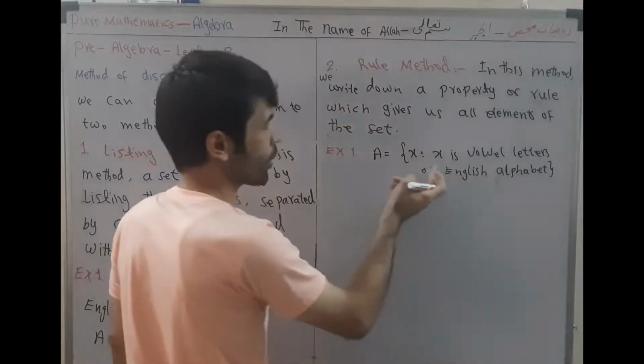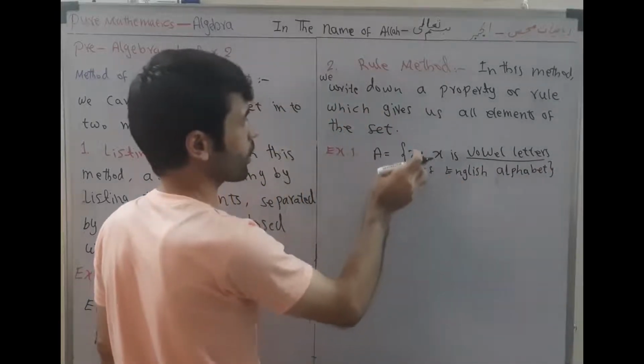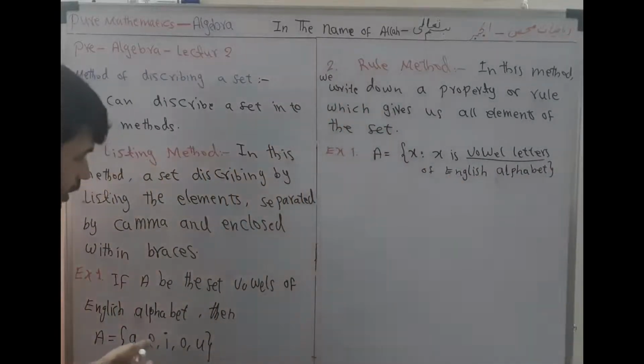Here, vowel letters is the property, the joint property between all these elements.